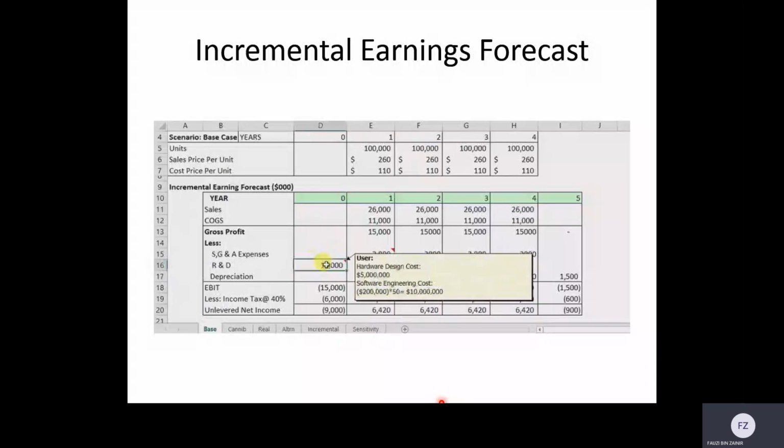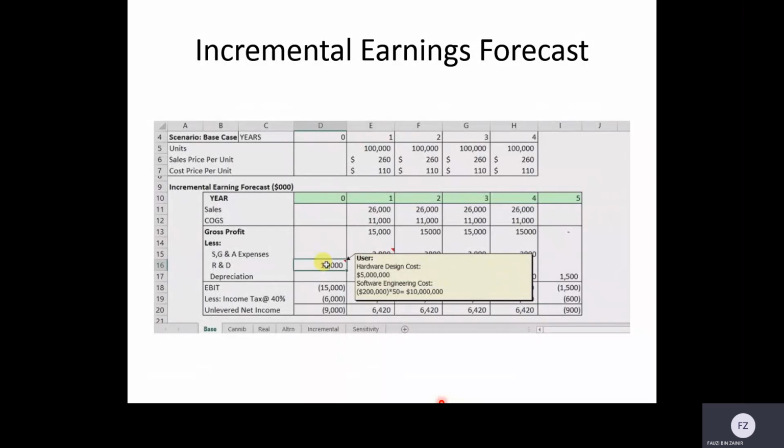The $5 million is basically for designing the remote package, the remote control. It seems the cost to make it aesthetically nice and attractive, the hardware design cost, is $5 million, as well as the software engineering cost. We know that it requires around 50 engineers at $200,000 per engineer, so the software engineering cost is 10 million plus 5 million.